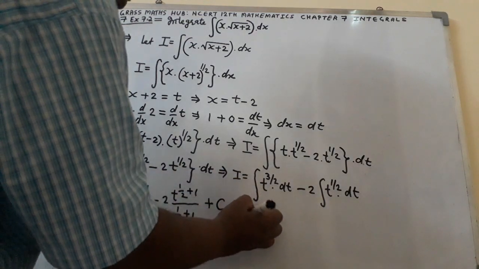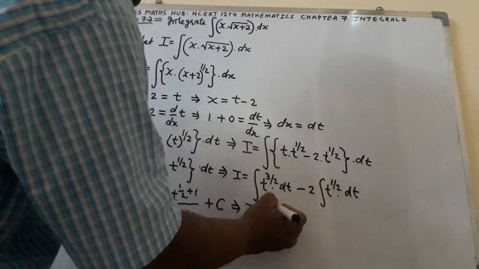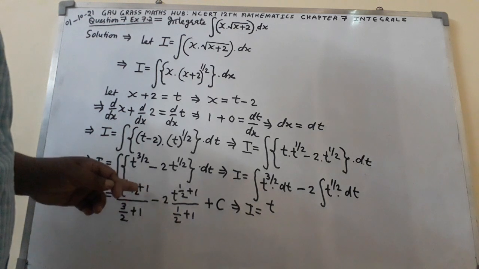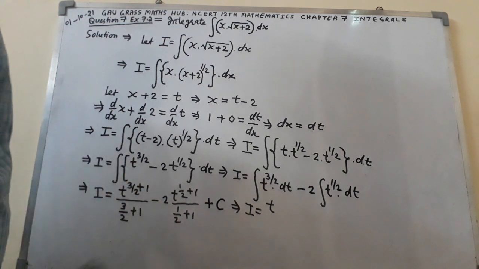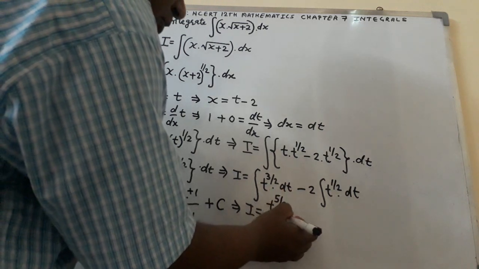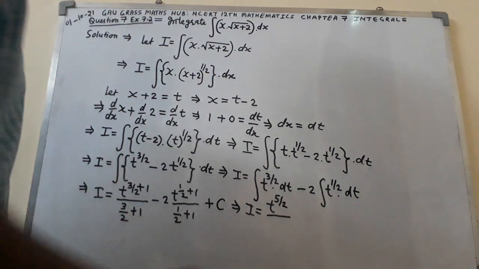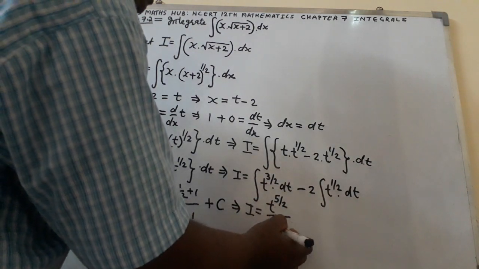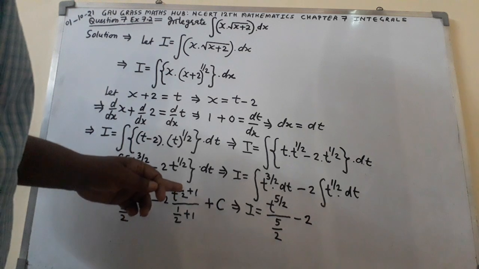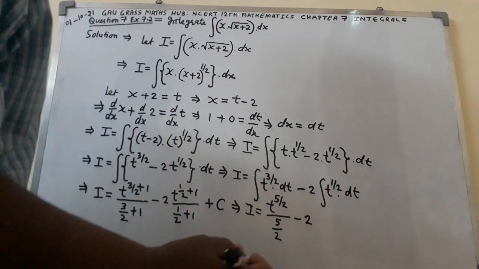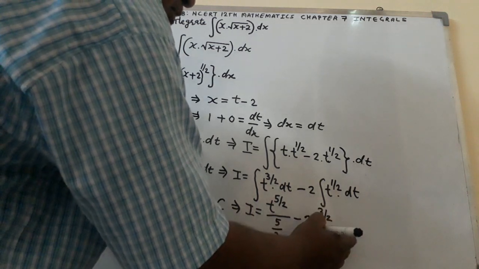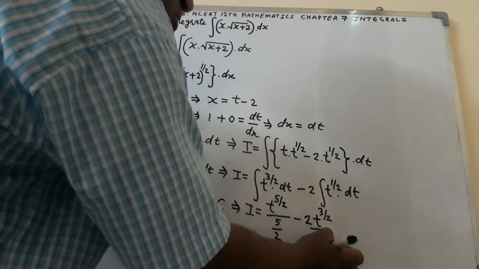I shall write, implied that I equal to t raised to the power 3 over 2 plus 1, which comes out to be 3 plus 2, 5, so 5 over 2 you will get here, whole over 3 over 2 plus 1, which comes out to be 5 over 2, minus 2 t raised to the power 1 over 2 plus 1, which comes out to be 3 over 2, t raised to the power 3 over 2 whole over 3 over 2, plus c.